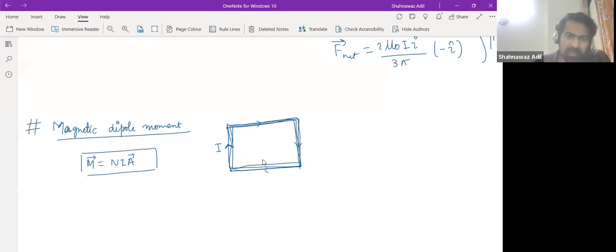So can you guys tell me what would be the direction of the magnetic dipole moment for this loop, inward or outward? What would be the direction, guys? Yes, outward, which means it is coming out of the screen.